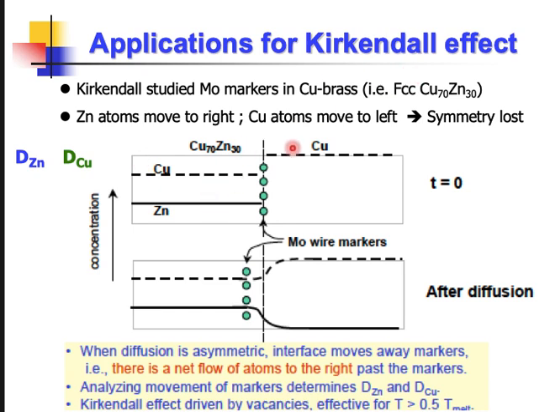Now you have a diffusion couple, which is a copper-zinc alloy bonded with copper, and we put markers in between these two metals. When we heat these materials up and allow interdiffusion to happen, we observe the markers shift toward the left-hand side. So we can understand which one is faster, the diffusivity of zinc or copper.